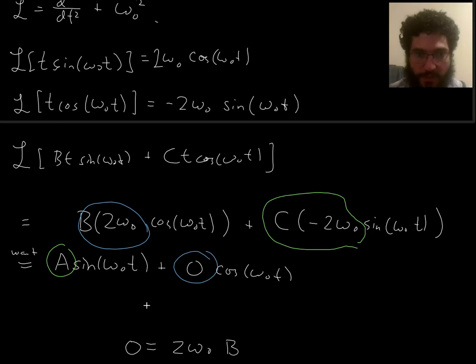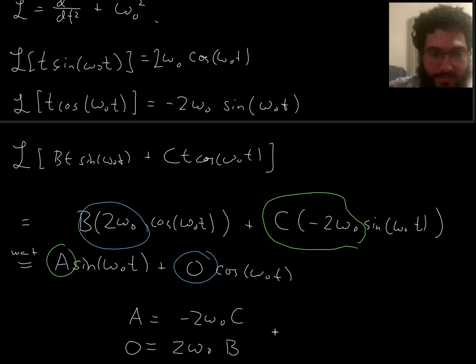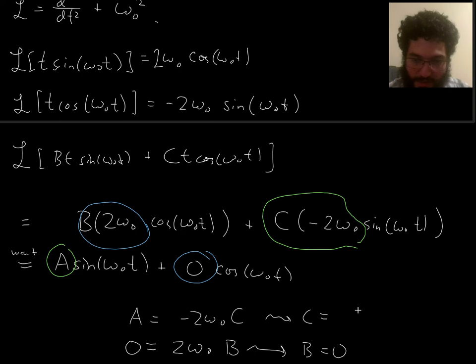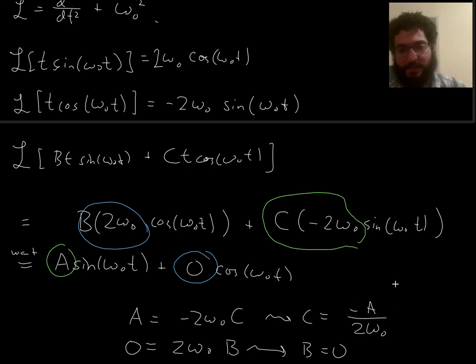And the first equation, the green one, is a equals negative 2 omega naught c. So the solution is b equals 0, and c equals negative a over 2 omega naught.